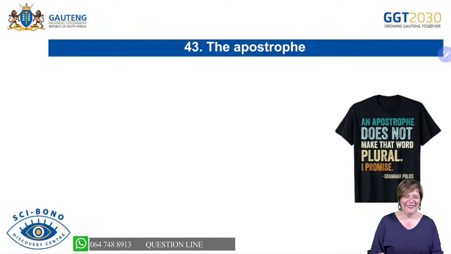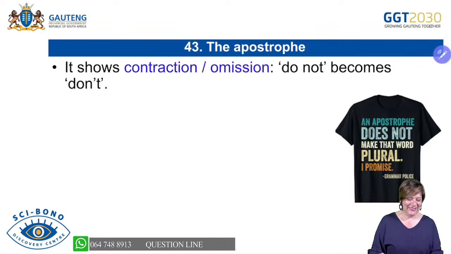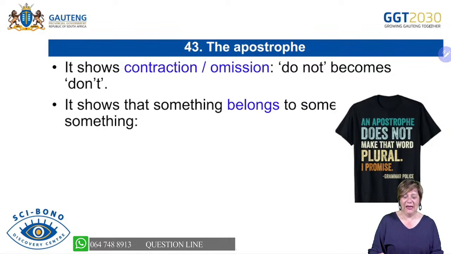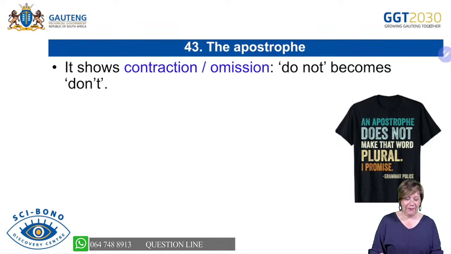I promise. Very important. Apostrophes are used to show contraction or omission, in other words, we threw out a letter. Or it can show possession, in other words, that it belongs to someone or something.